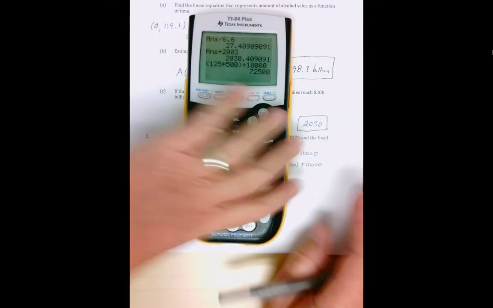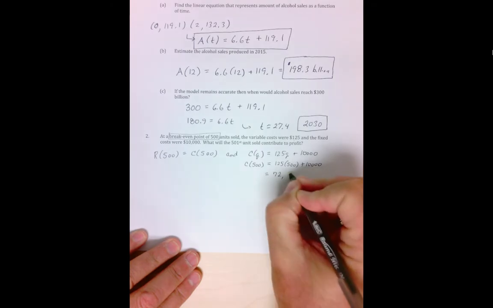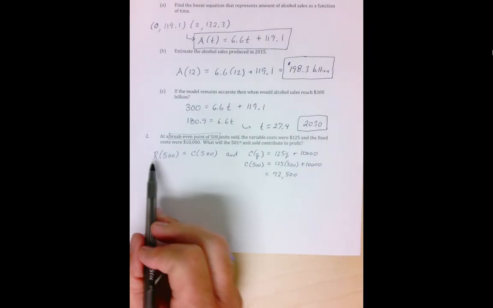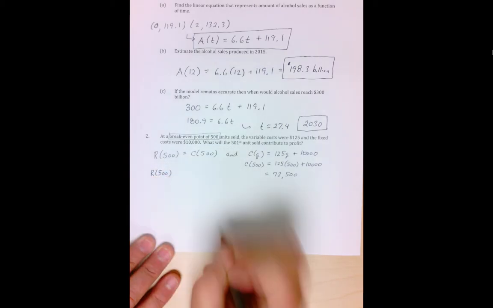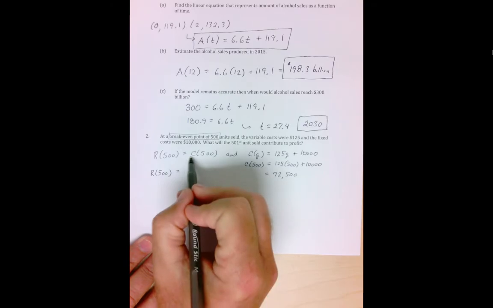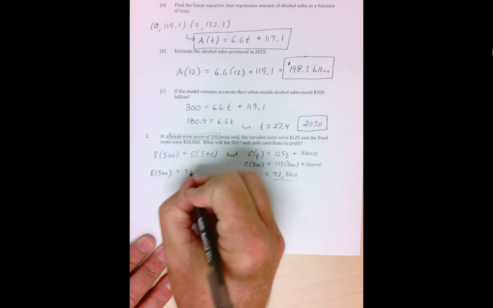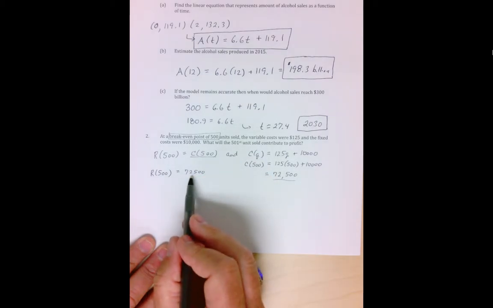We get 72,500. So I know that my revenue of 500 has to be equal to C of 500, which is 72,500. So my cost at 500 and my revenue at 500 has to be 72,500.